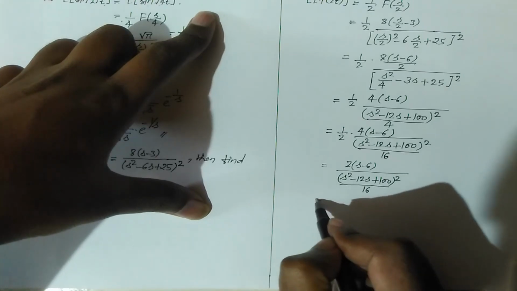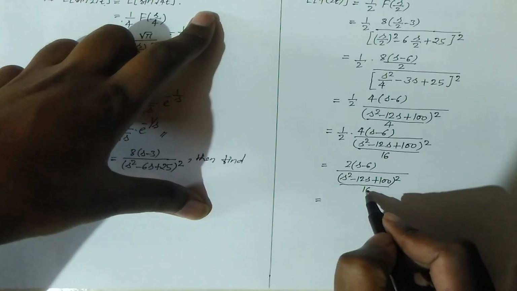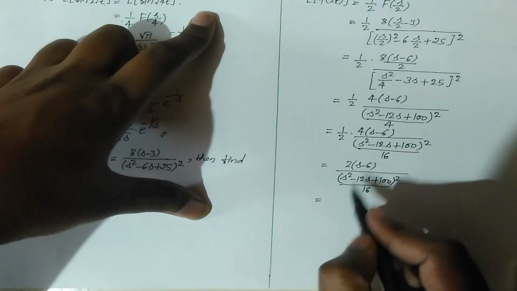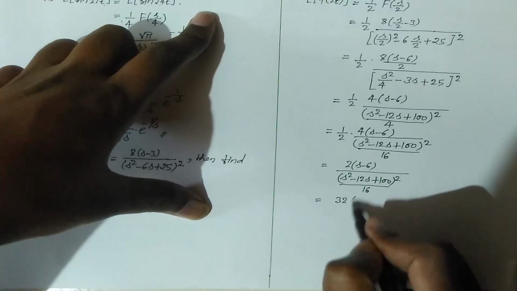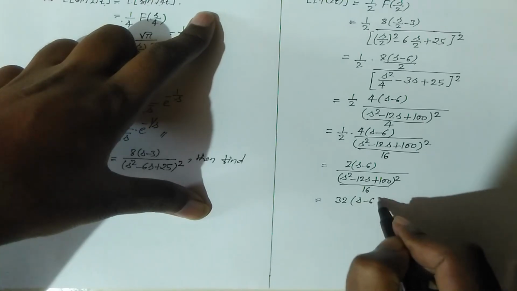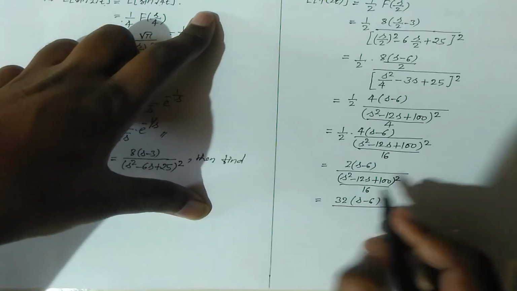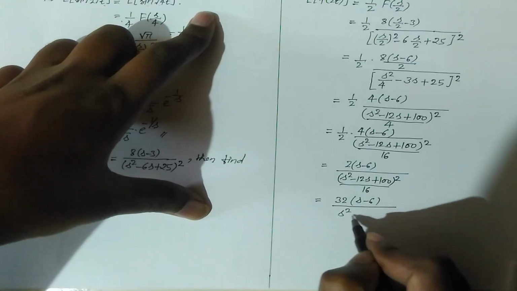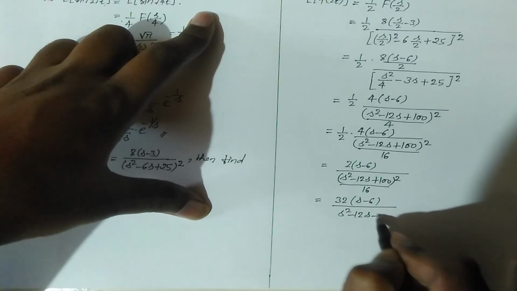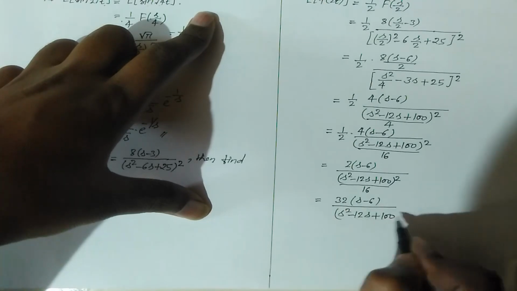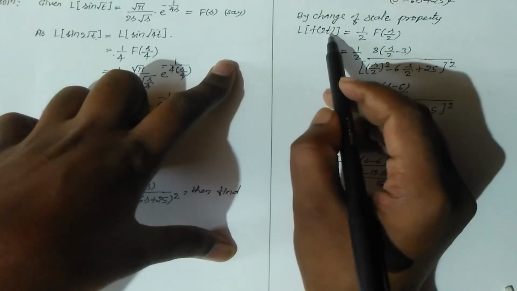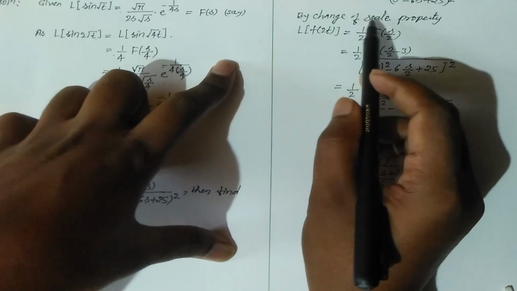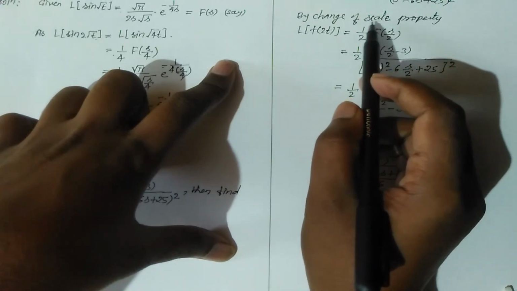So this equals, and this 16 goes to the numerator, so this becomes 16 by 2, that is 8, into s minus 6 divided by s square minus 12s plus 100 the whole square. So this is the required Laplace transform of the function f of 2t by using the change of scale property. I hope you understood this.